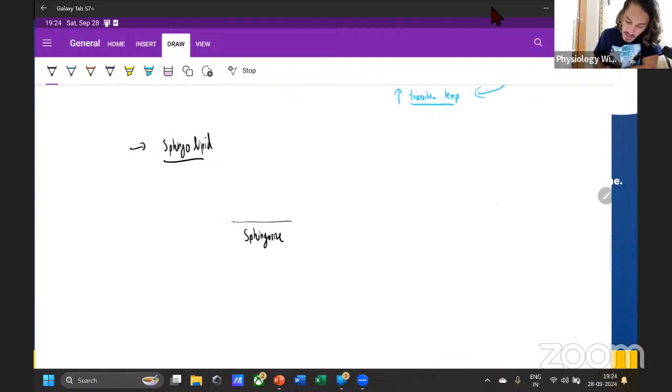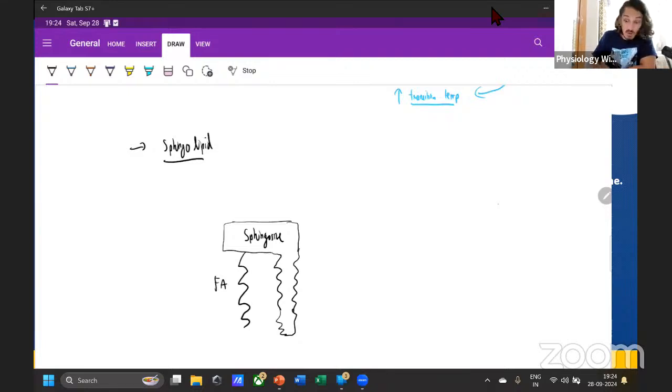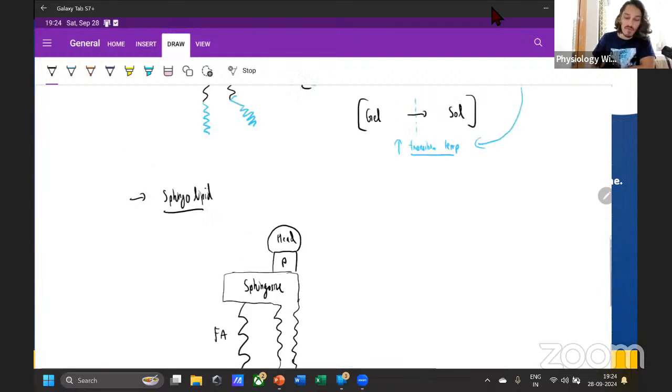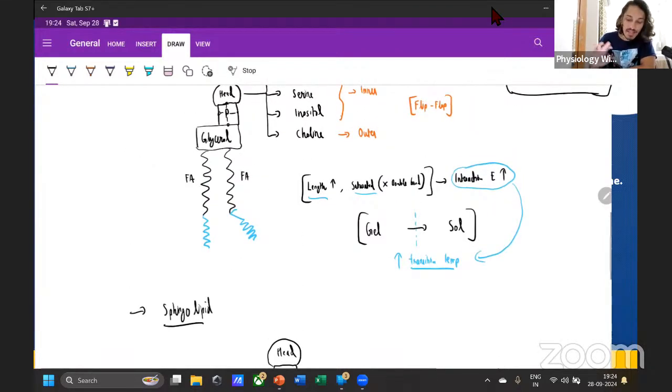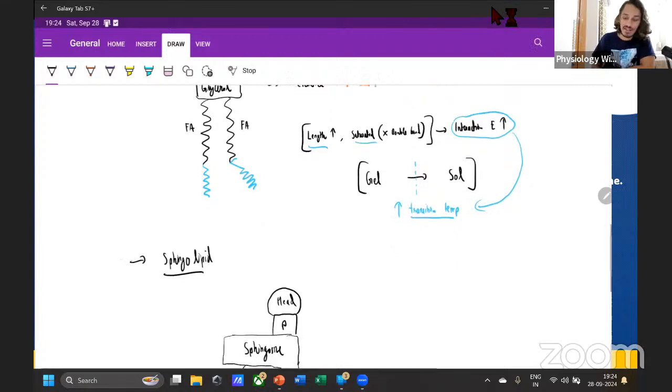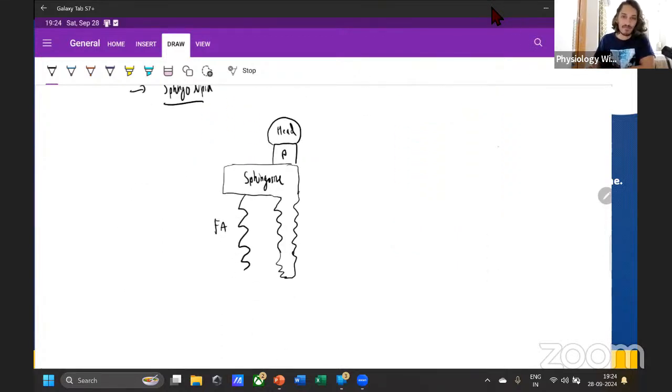This sphingosine by itself has a carbon chain like this, and on top of that, of course, a separate fatty acid chain like before will attach to it. Now to this, you attach a phosphate group and again a head, very similar to what we are talking about. The only thing is to replace this glycerol and one fatty acid chain and make it a sphingosine molecule.